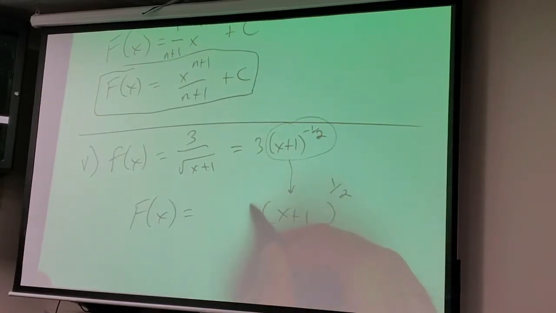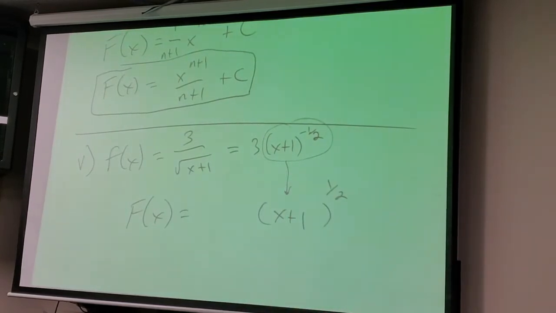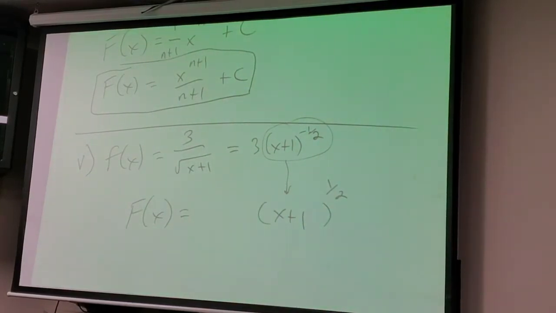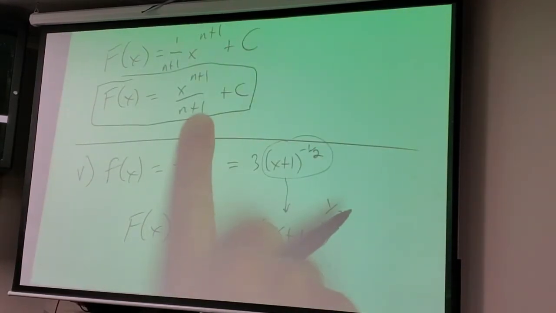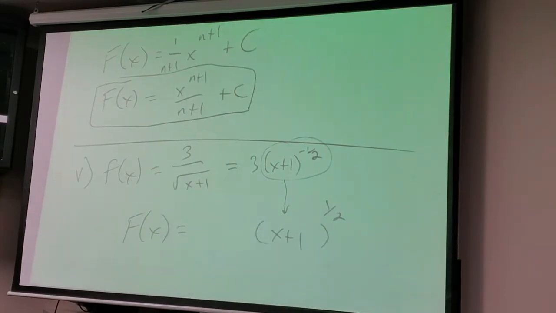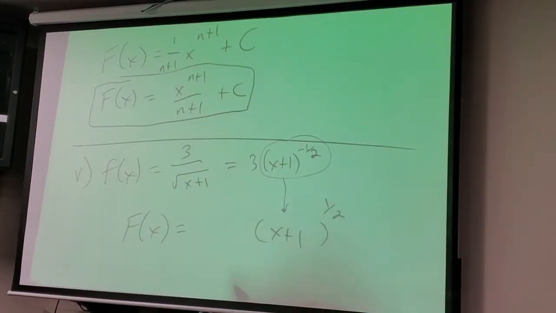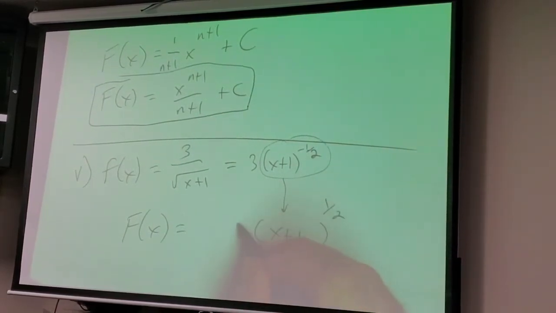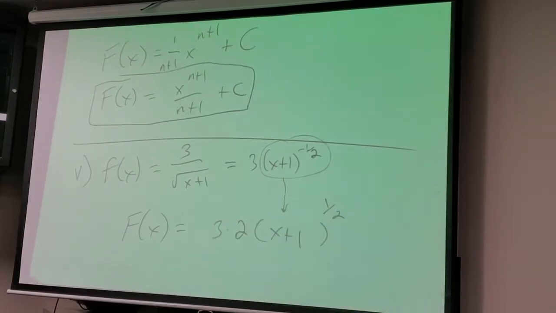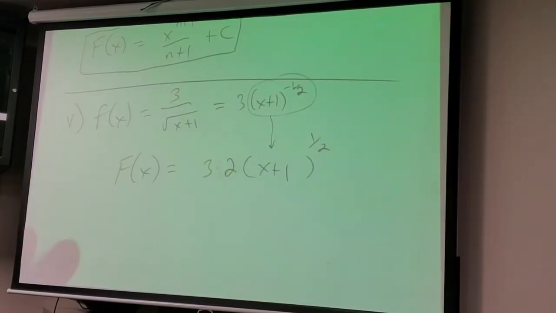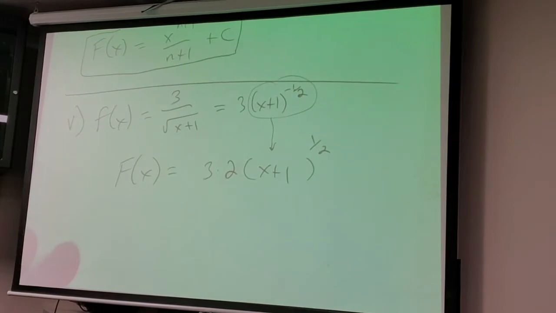There must have been a 2. Be careful, right? A 1/2 would have come down, so now I need a 2. Basically always the reciprocal. It's the reciprocal of what the new power is. So there must have been a 2 out here, and there's already a 3 out there, right? Does that look good?